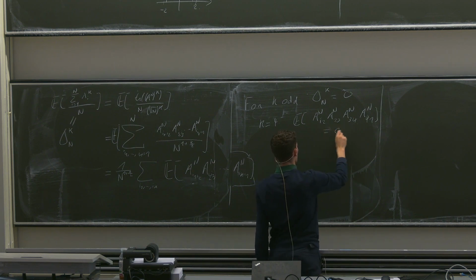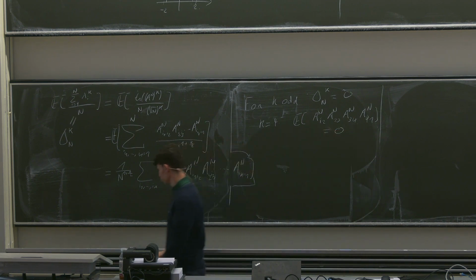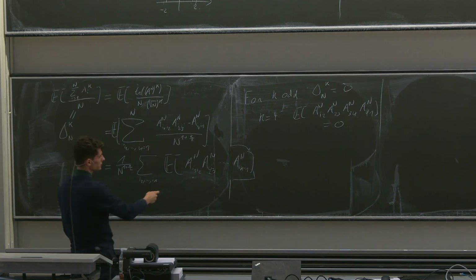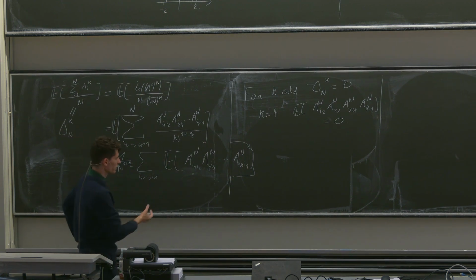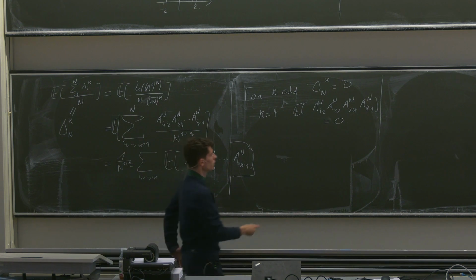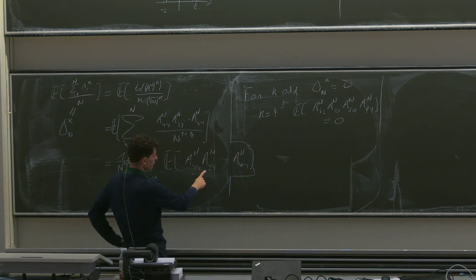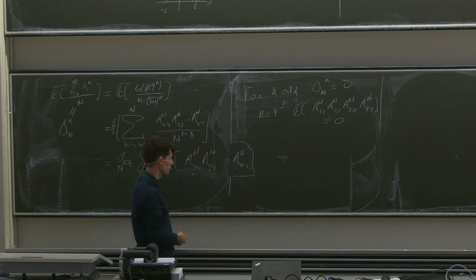The only such expectations which won't be 0 will be the ones where you actually have pairings, where this random variable will be the same as one of the other remaining random variables, and the same goes for all the other ones. So we only have to look at pairings.